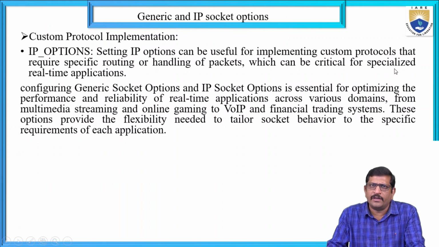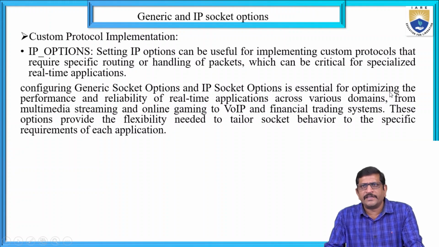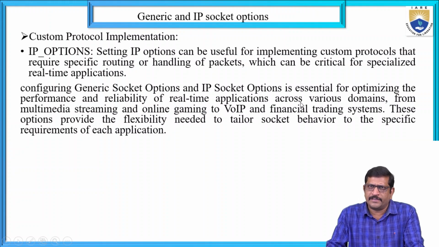The best route can be selected for transmitting the data from source to destination and handling the packets. Whatever packets you are transmitting can be handled, which can be critical for specialized real-time applications.